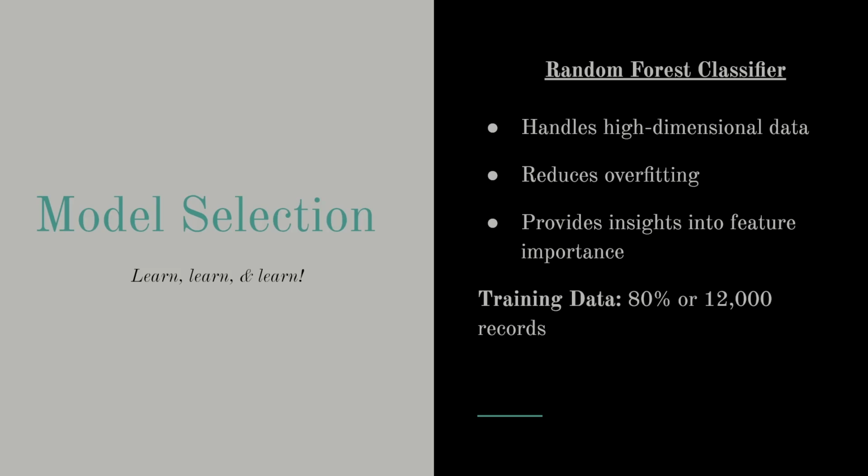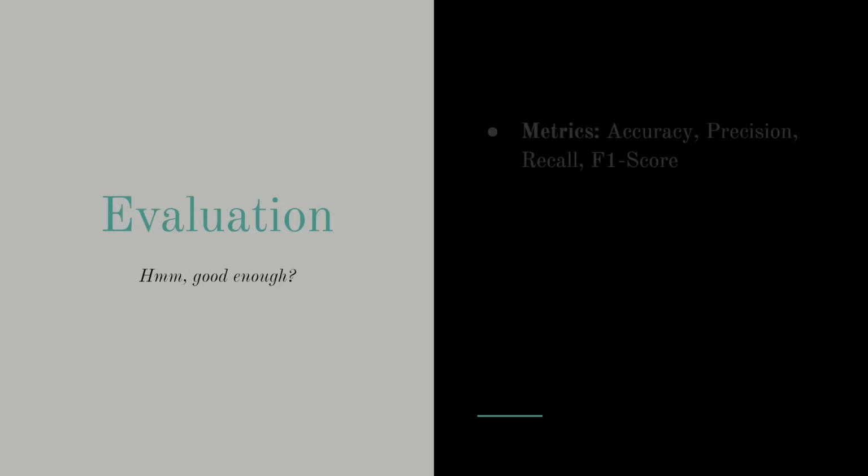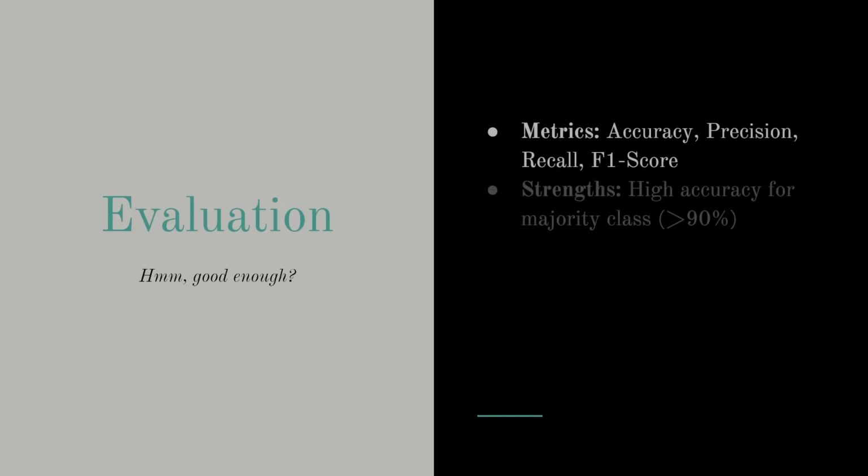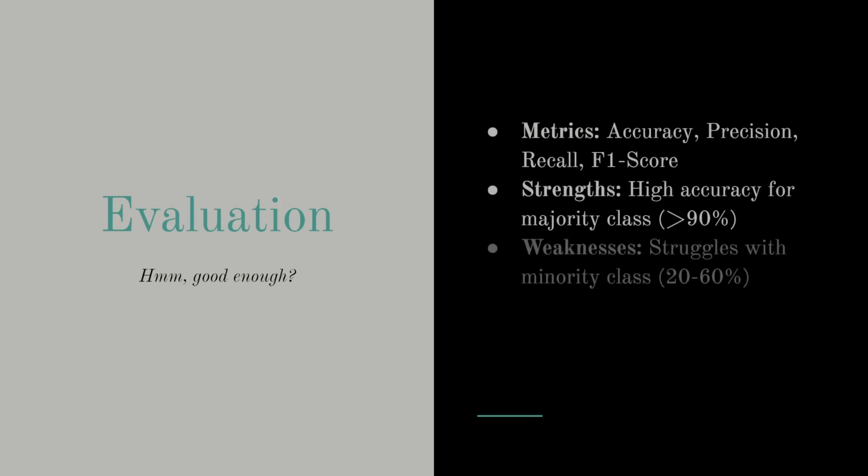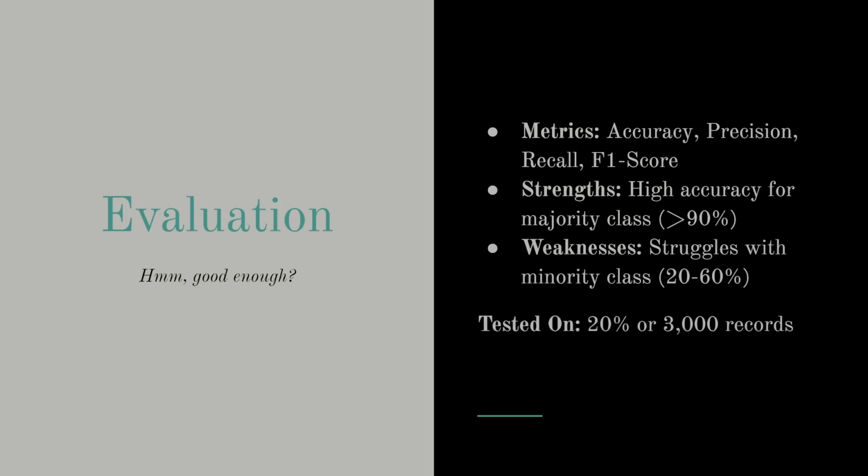So for the training data, we decided to take 80% of the generated data, which is 12,000 records. And after we trained the model, we decided to evaluate based on these four metrics: accuracy, precision, recall, and the F1 score.